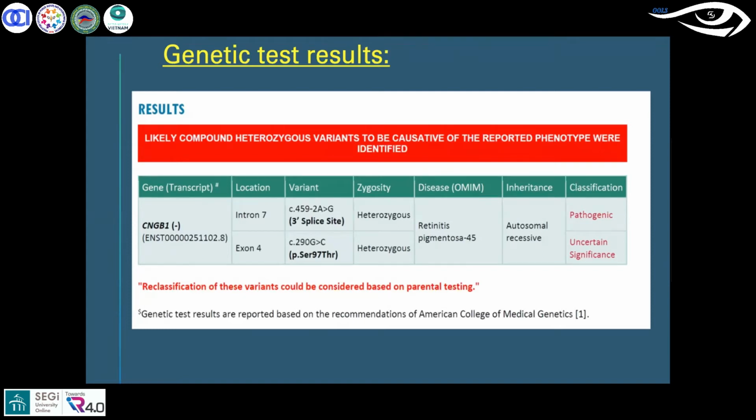Now, let me come to this point of prenatal diagnosis, which you can do in multiple stages. Around 10 weeks, 7 to 10 weeks, you can do what is called chorionic villus sampling, where you take a sample from the placenta of the mother and try to test it from the fetal side of the placenta.